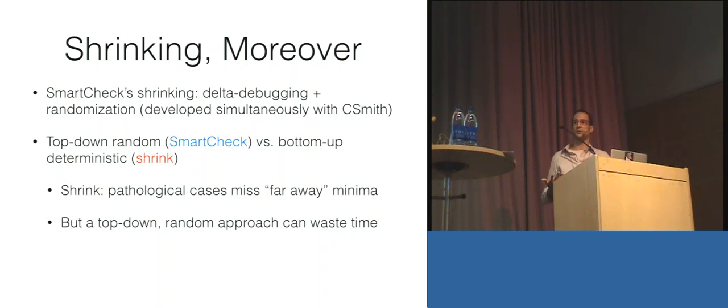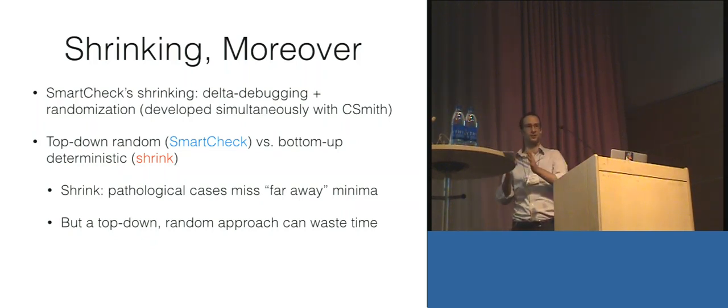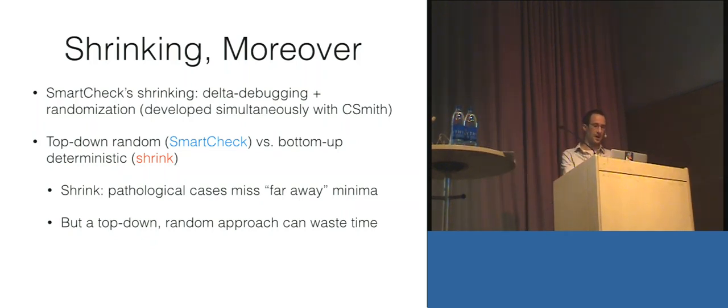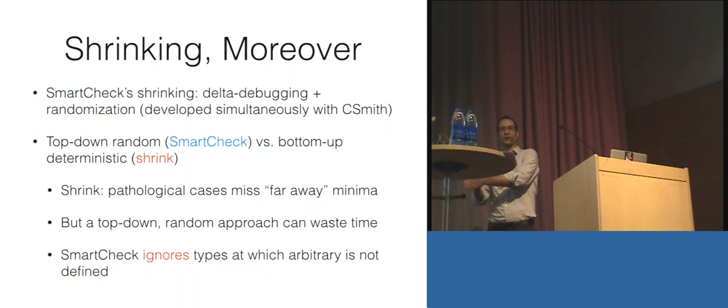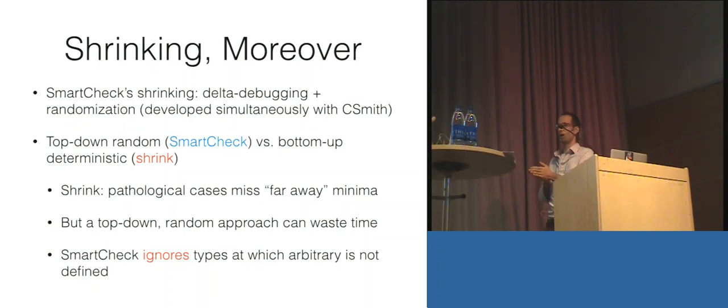However, in our random approach, where the only constraint is generating smaller values, we waste time searching in a top-down fashion. Moreover, we ignore types at which arbitrary is not defined. A lot of times the kind of values you want to generate are context dependent, so you may not have an arbitrary instance for each type. This is one of the weaknesses of this approach.